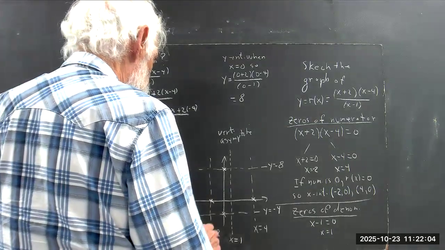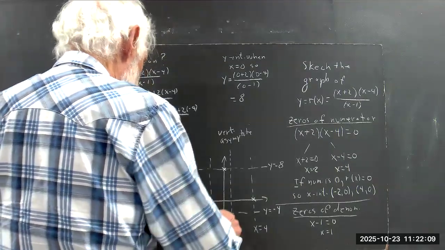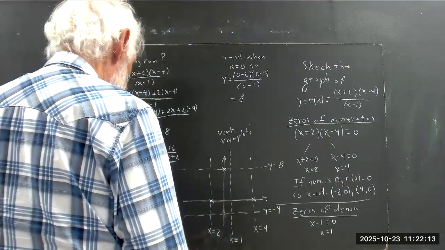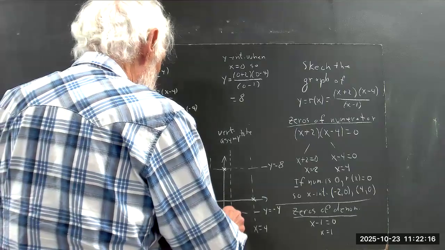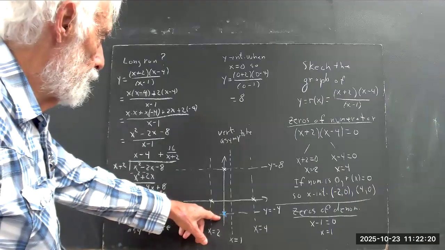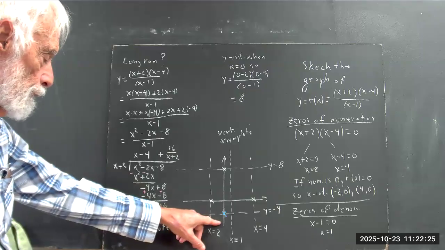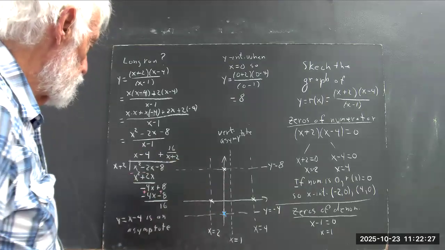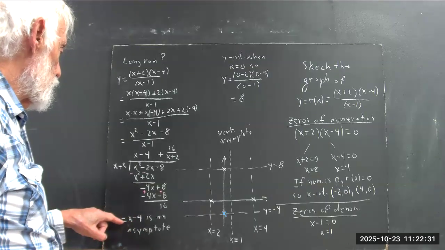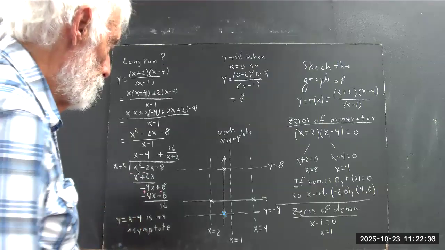And actually, I'm going to use a different color for the asymptote. Okay, so this is a point 0, negative 4, x is 0, y is negative 4. That's a point on the y-axis. If y equals 0, then x equals 4.